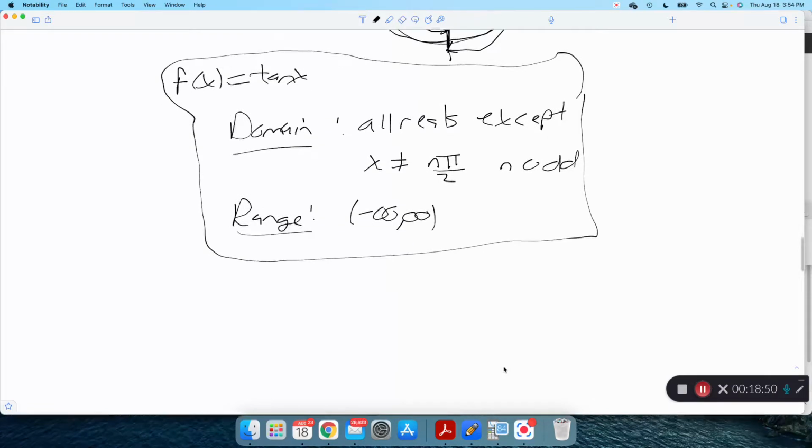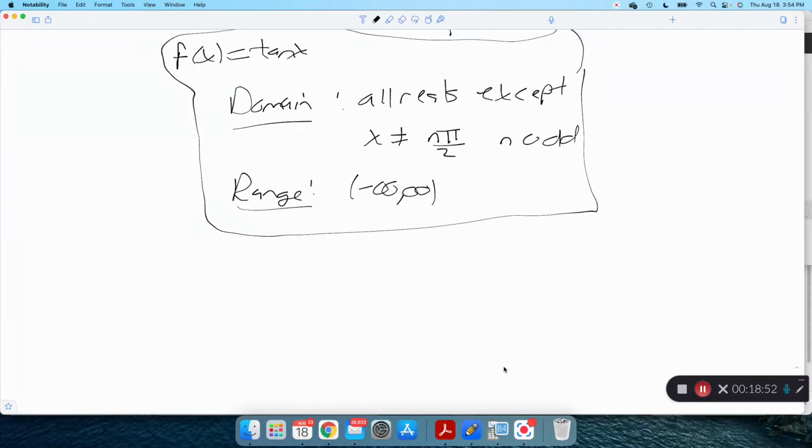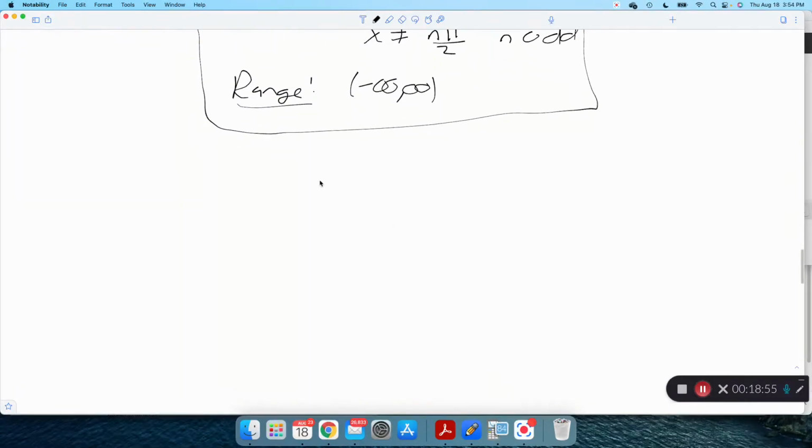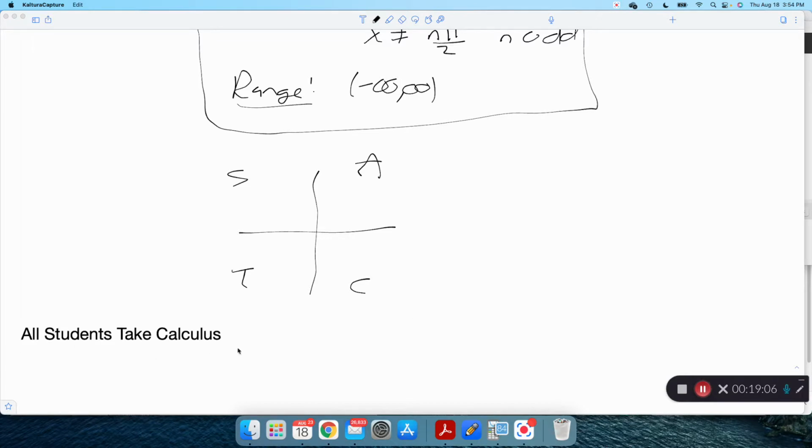Okay, now what's important here is knowing where everybody's positive and negative. So here's my recommendation to you. Memorize this: All Students Take Calculus. I'm going around the circle here from quadrant 1, 2, 3, 4. All Students Take Calculus tells you who's positive in which quadrant.